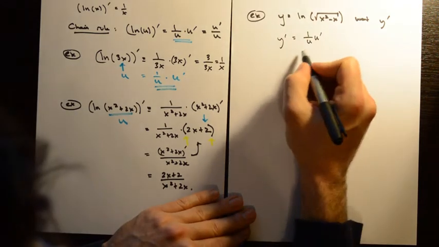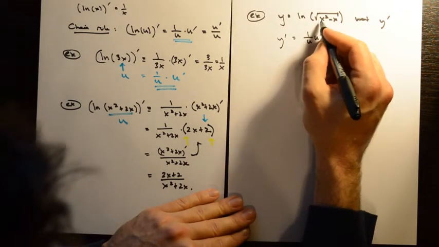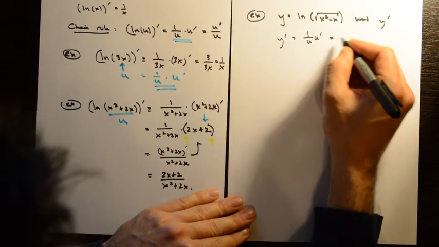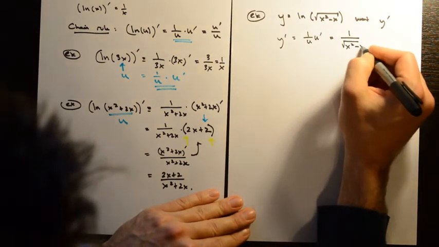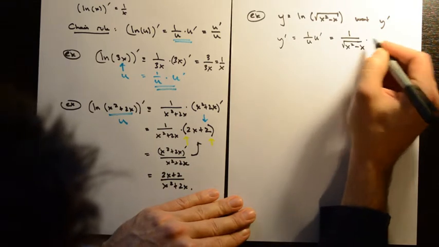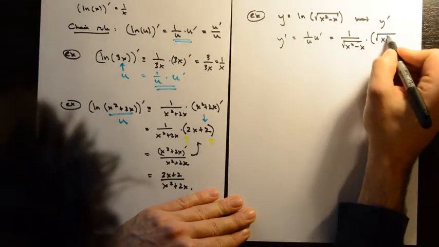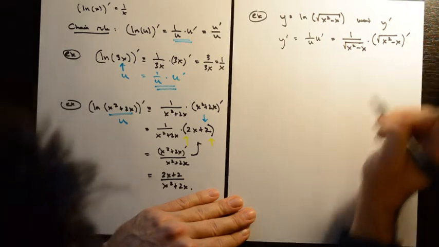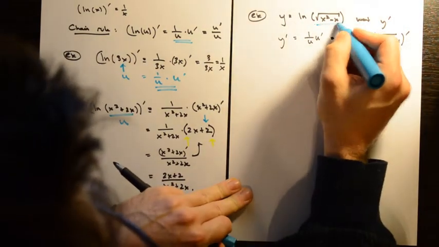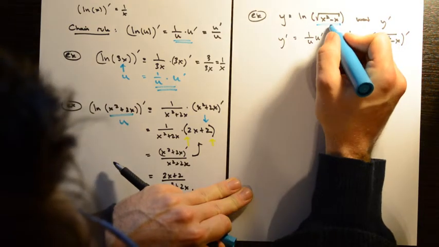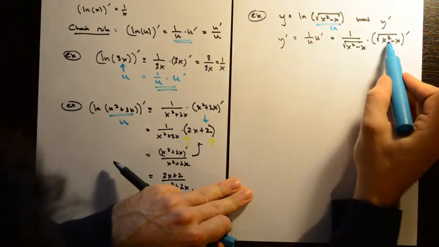In this case, our u is equal to the square root of x squared minus x. So this will be 1 over the square root of x squared minus x times the derivative of the square root of x squared minus x. So here, this whole term starts out as the u, and then this is u prime.